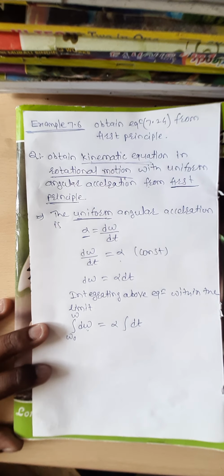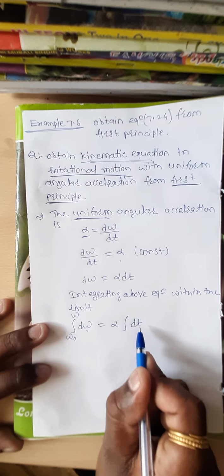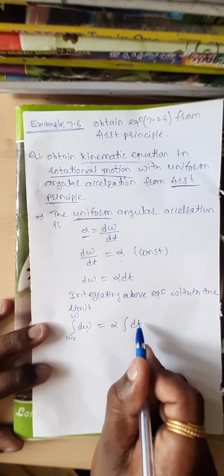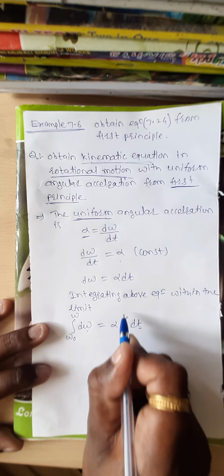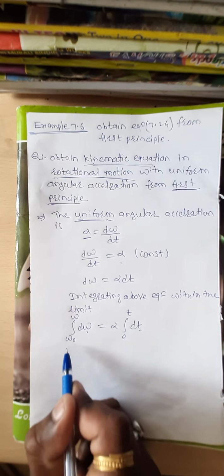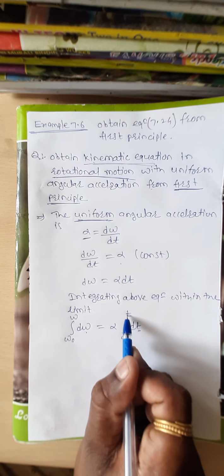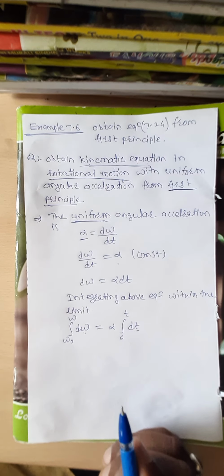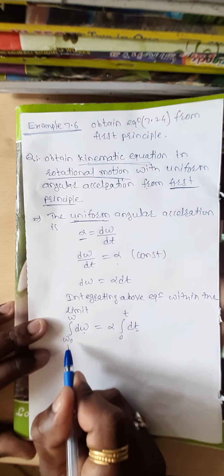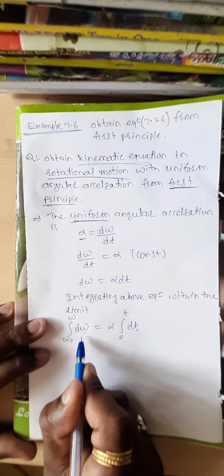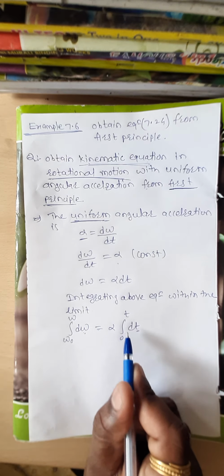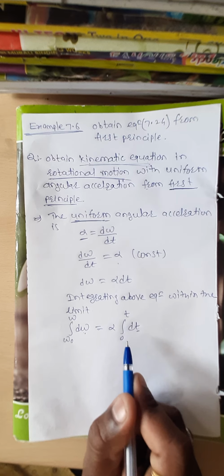So the integral from omega naught to omega of d omega is equal to alpha times the integral from 0 to t of dt.